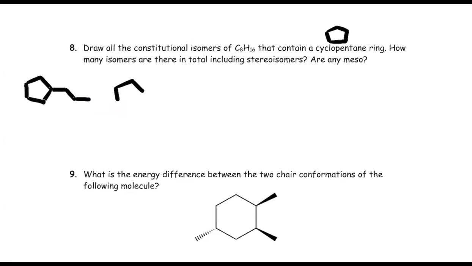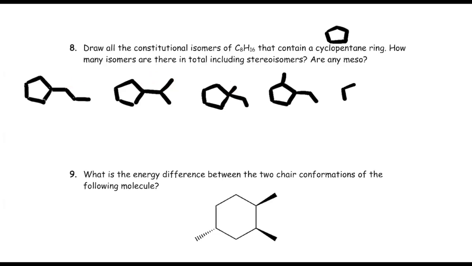So here's one. Here's another one, right? I just moved this guy over here. I'm going to move this methyl group over here now. You don't have to do it in this order, obviously. I'm showing you guys my thought process. And then I'm going to keep moving this methyl group around the ring until I have to stop. One here.